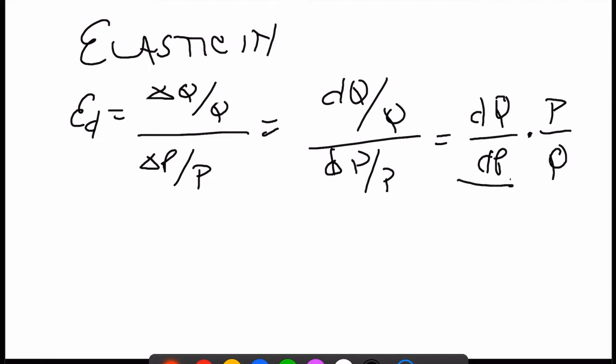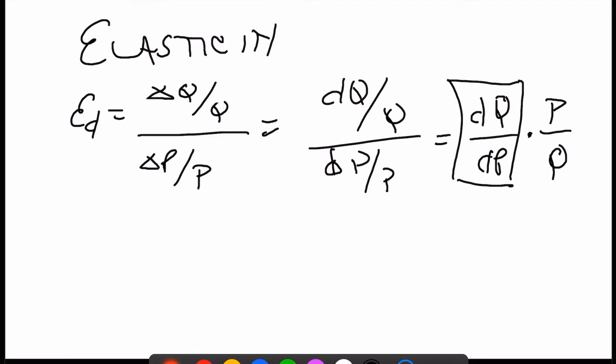Well, now I have a calculus-looking thing here in the middle of my elasticity. So if you had just thought of dy/dx or dQ/dP as being just this marker that sits there on the left-hand side of the equation that told us we did something, you need to rethink and think about this as something we can actually do stuff with.